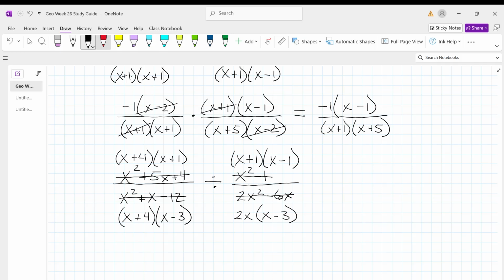This is the time I would identify your first round of zeros or restrictions. So we can't have an x that's equal to -4, or an x that's equal to +3. Now this 2x itself is a factor, so if you set the 2x equal to 0, you would have an x that cannot equal 0. And then right here, a +3.